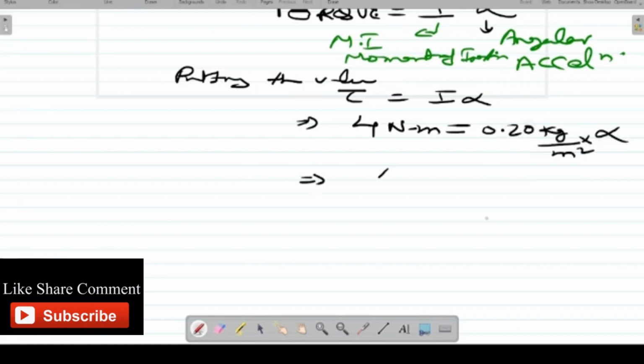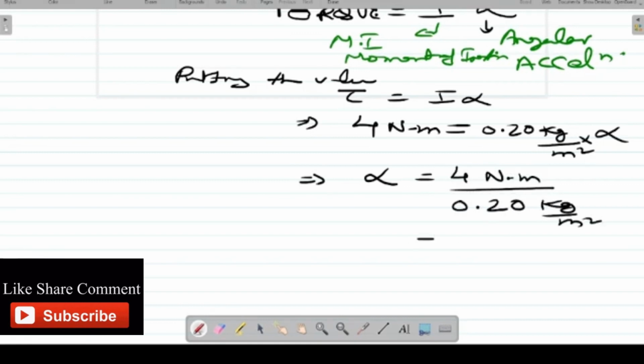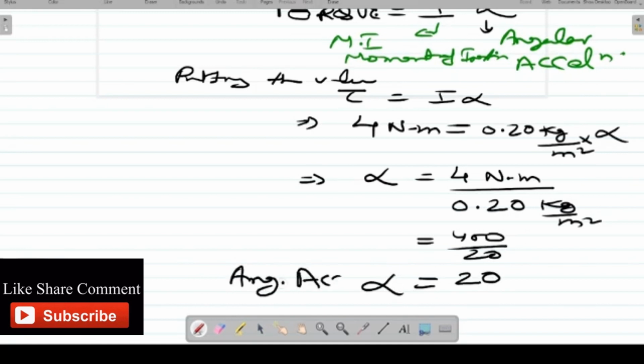We calculate alpha, the angular acceleration: 4 Newton meter divided by 0.20 kg meter square, and when we cut it, we get 400 by 20, which is equal to 20. So alpha, the angular acceleration, is equal to 20.